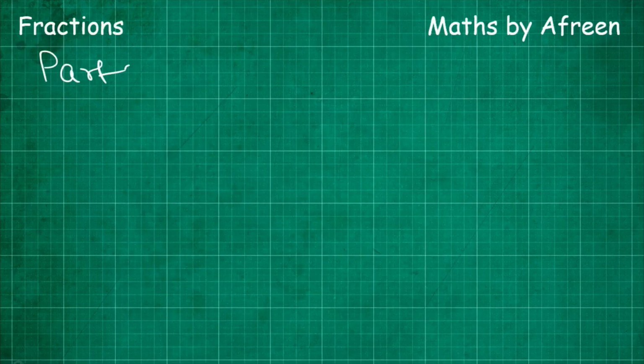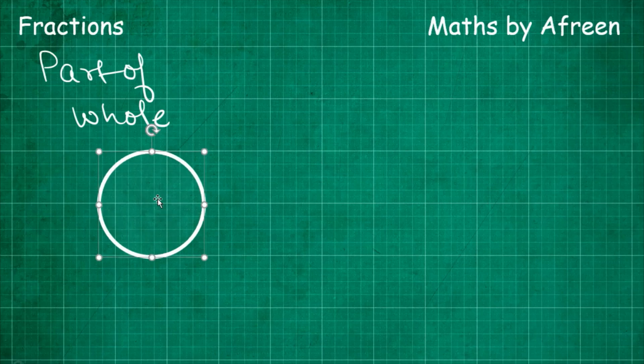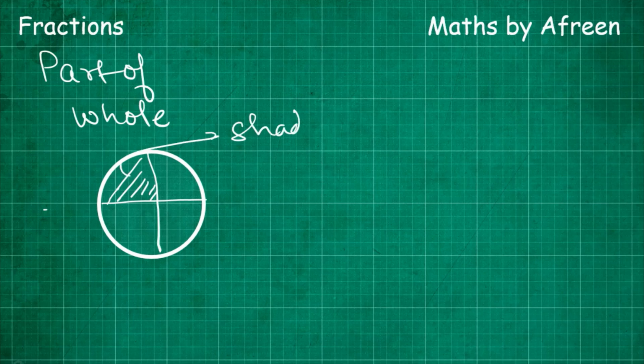To understand this even better, we can take the example of a circle. Suppose I have drawn a circle like this, divided it into 4 equal parts like this, and shaded one part of the circle. If someone asks me how much of this circle is shaded, I can say 1 out of 4.